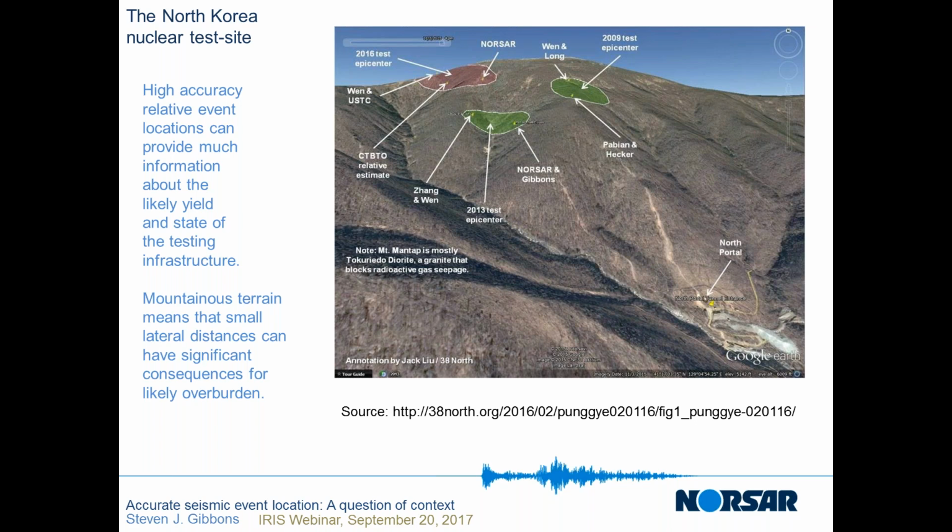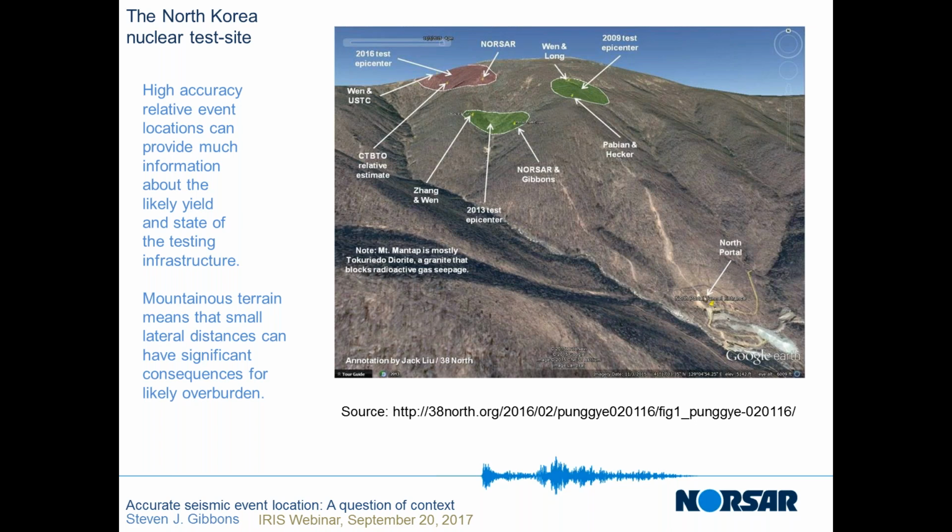And so accurate relative event locations will help us to locate these accurately in absolute terms, and give us some degree of control over the overburden, the depth, which will have consequences for how we estimate the yield.